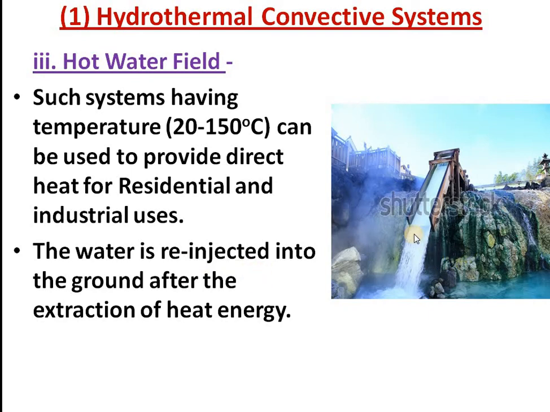Okay, various applications, especially in polar, cold regions, those areas where they feel very intense winter, such places find a lot of application with such hot water, because it is naturally available on the earth free of cost. Understand? So this is about hydrothermal convective system, the third category.